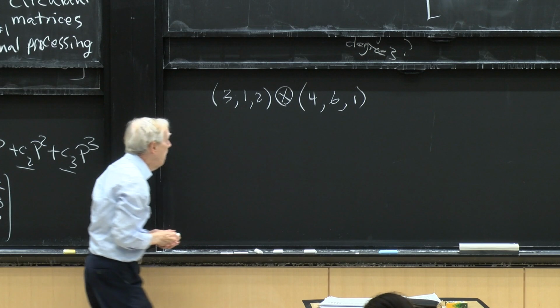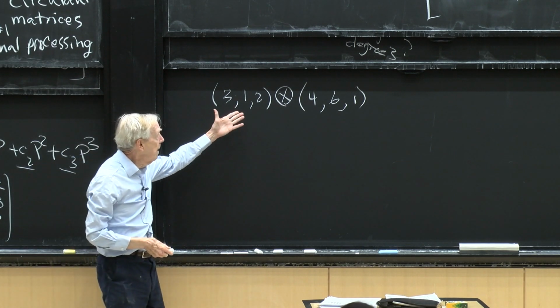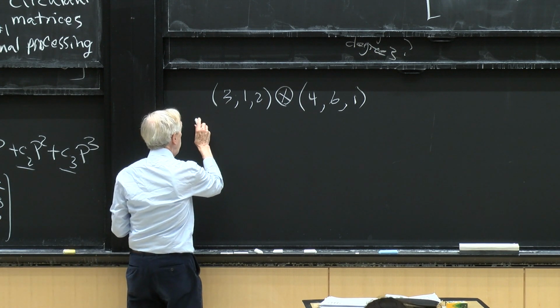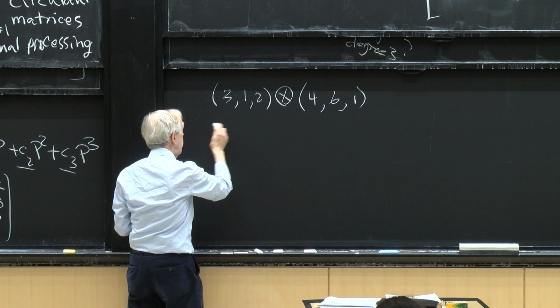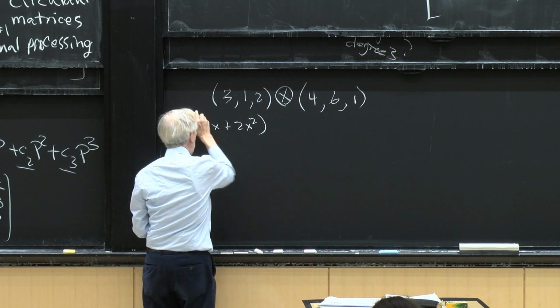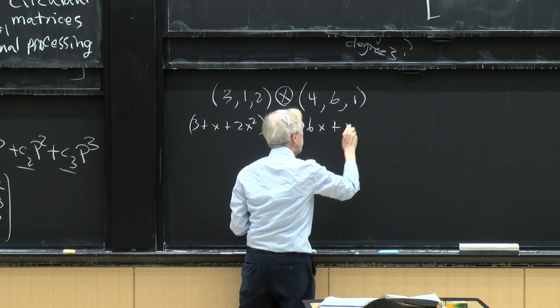What does that mean? I've got a vector, and what's hiding there is polynomials: 3 plus x plus 2x squared, times 4 plus 6x plus 1x squared.